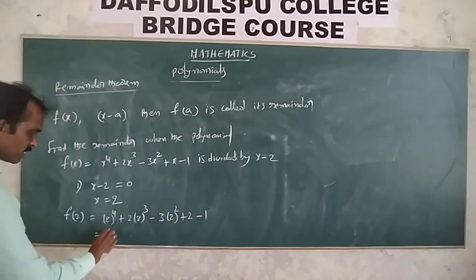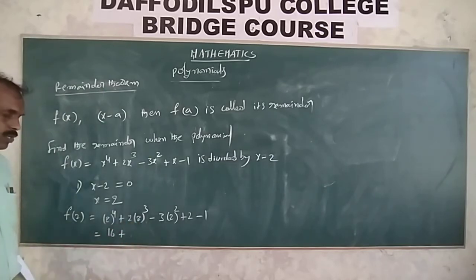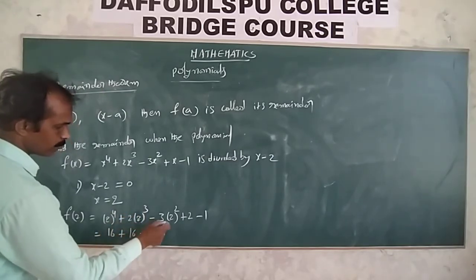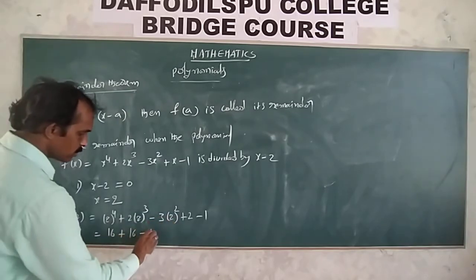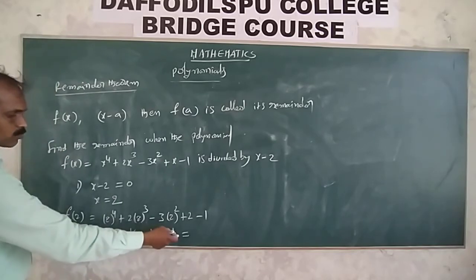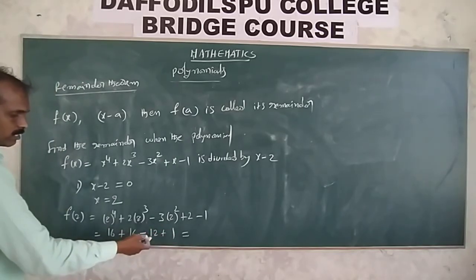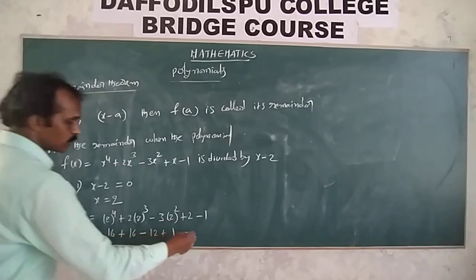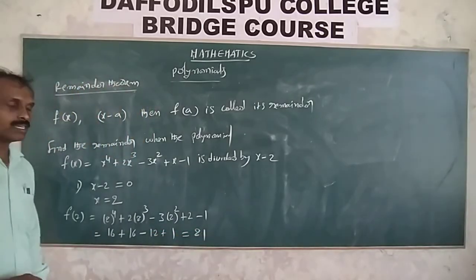What is this value? 16 plus 2 into 8, 16, minus 3 fours 12, plus 2 minus 1. Finally 32 minus 12 is 20, plus 1 is 21. So its remainder is 21.